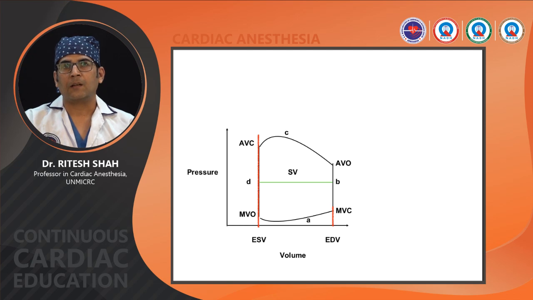After that, mitral valve closure occurs and the LV starts to contract. The initial phase B is isovolumic contraction.